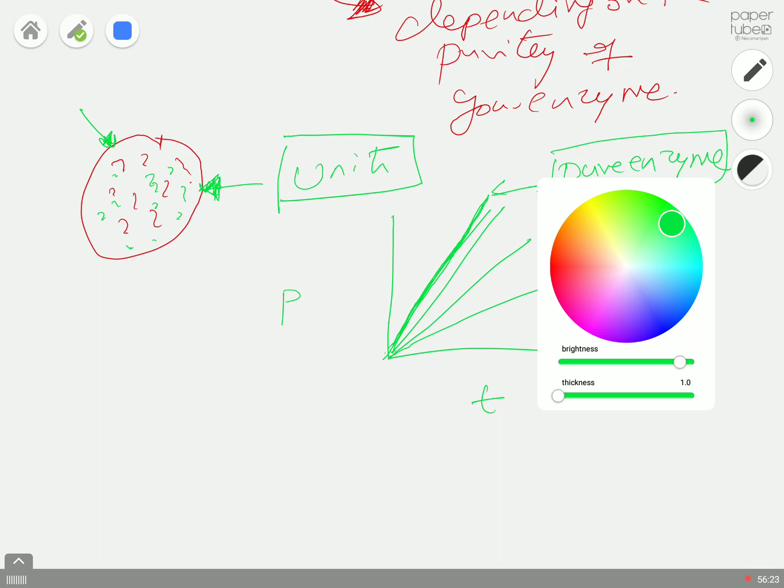So if you really want to compare the purity of enzyme, the best thing is to go to the lab, take your substrate, convert it into product using the same mass of your catalyst, and see which catalyst converts more product per unit time. That's how you test your activity. And once you divide that activity by gram of your mass, it gives you something called specific activity.